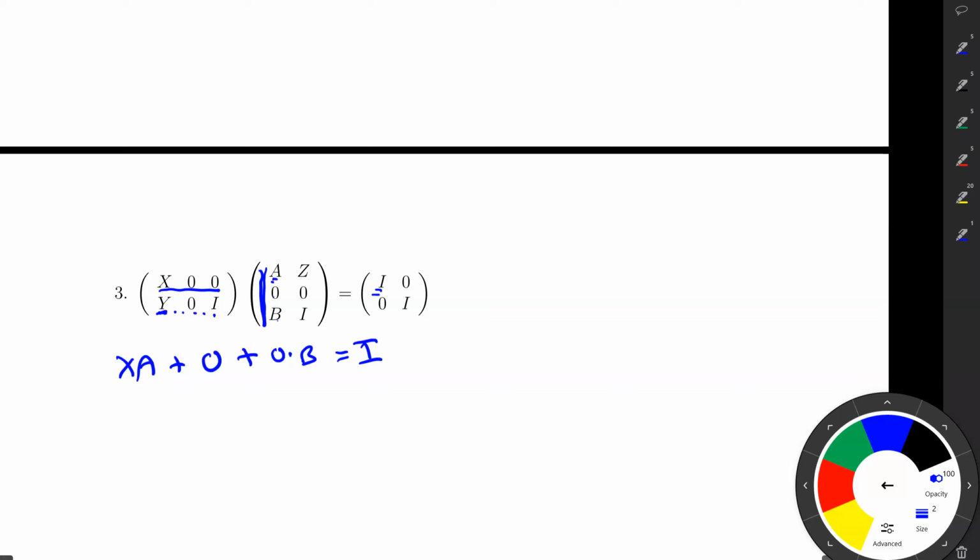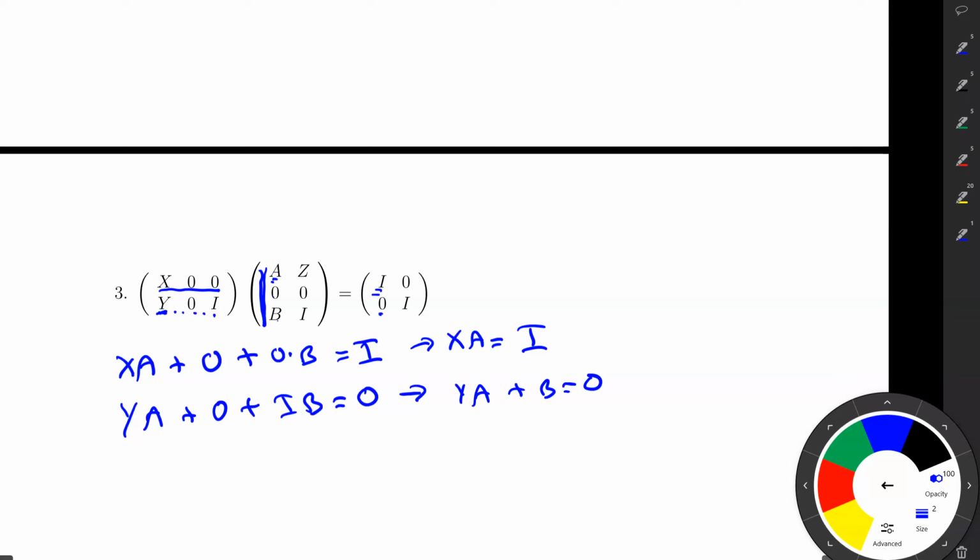It's YA plus 0 plus I times B, and that equals this 0. Okay, so let's just clean these up while I've got them. So I've got XA equals I, and from here, with this 0, I've got YA plus B equals 0.